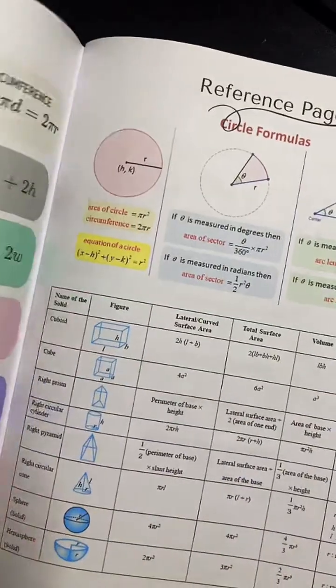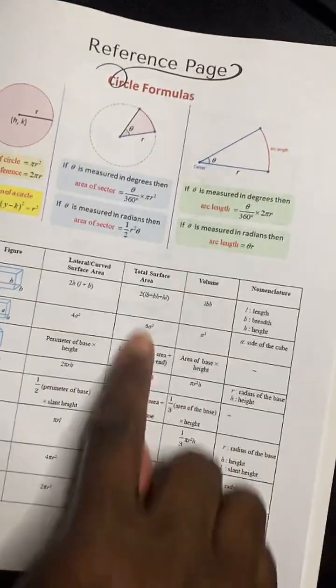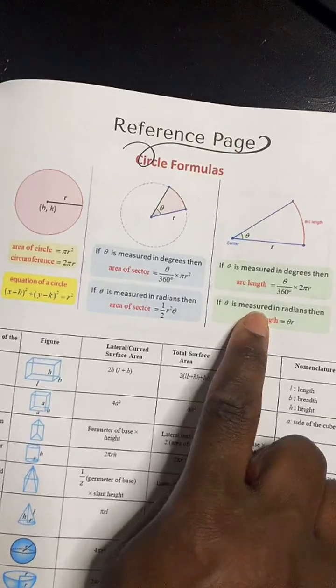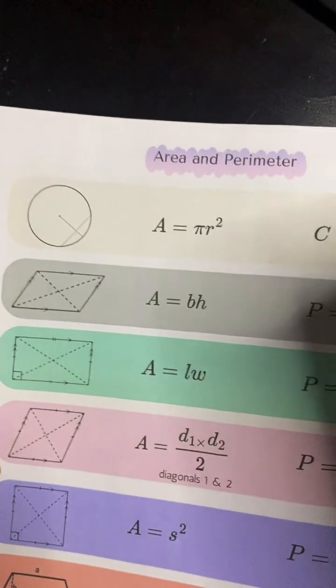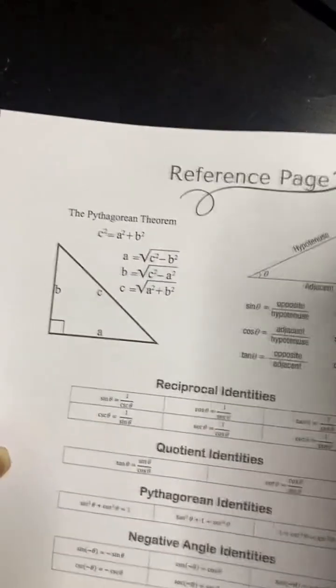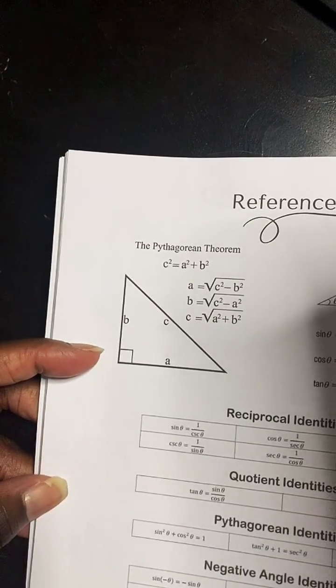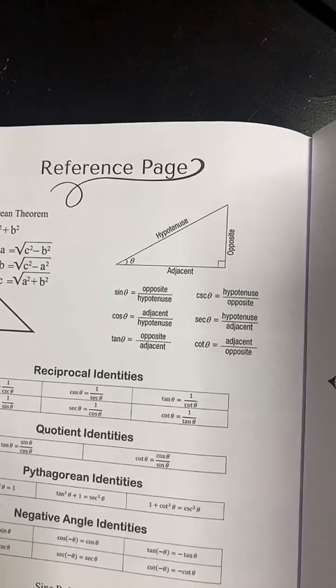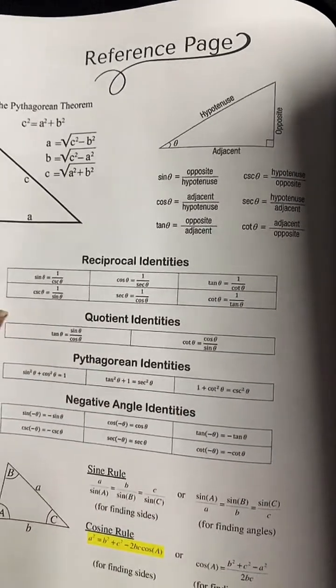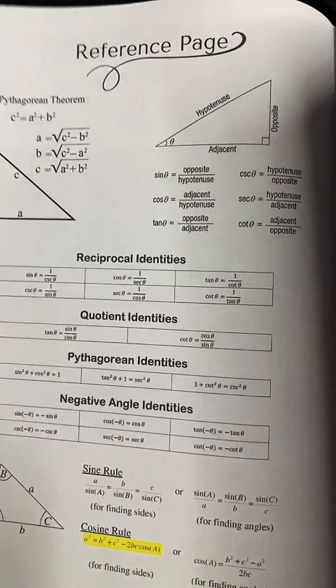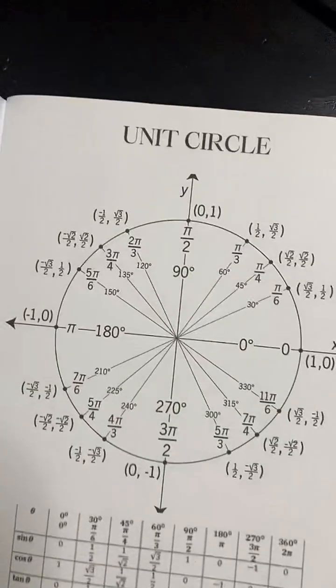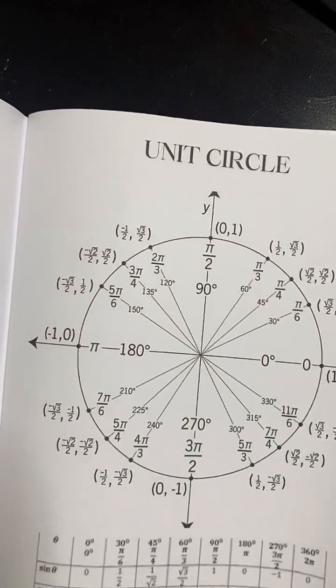We're also looking at volume and surface area, arc length and arc sector, and then area and perimeter, as well as the Pythagorean theorem. Then we have our SOHCAHTOA and some of our trig identities, as well as the unit circle. All of this jam-packed into one notebook.